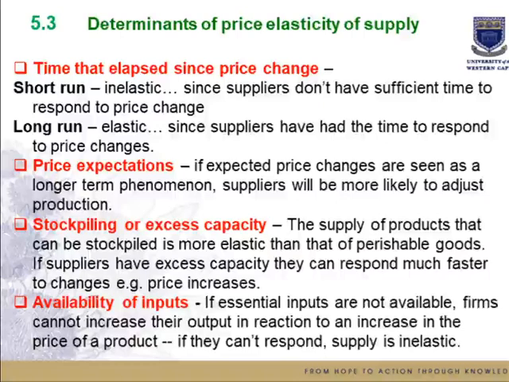And lastly, if essential inputs into the production process are not easily available, then firms cannot easily adjust their production following changes in prices, hence supply will be more inelastic.